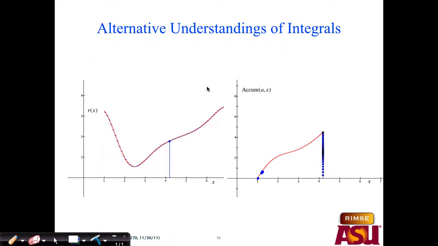So, for instance, and by the way, if you make smaller intervals, you get a better estimate of area. Just like if you do smaller intervals of these constant rates, you get better estimates of the accumulation of anything else.